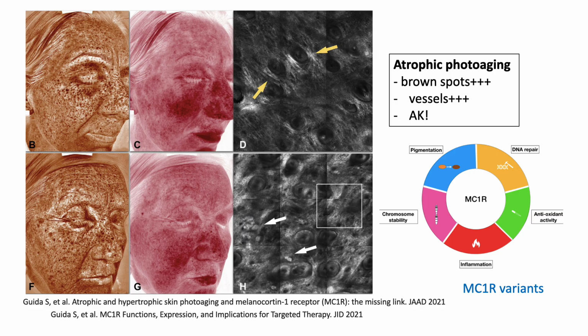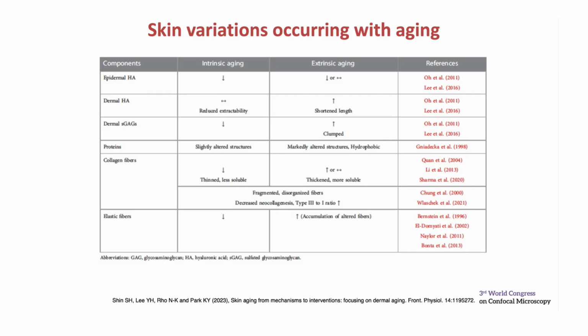And we can observe the distribution of the features in patients with atrophic photoaging in the upper part with increased amount of brown spots and red areas, and the presence, in the lower part of the slide, of a patient with hypertrophic skin photoaging being characterized by the presence of dyselastosis, as you can see in the white square, appearing as curved fibers, as we will see later.